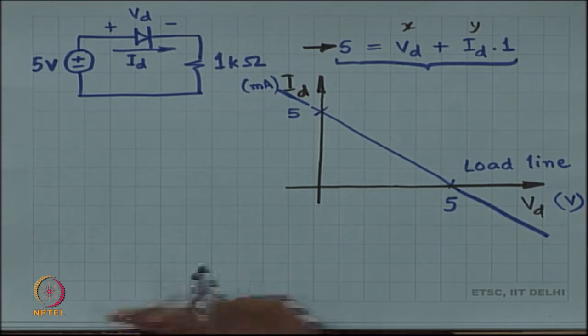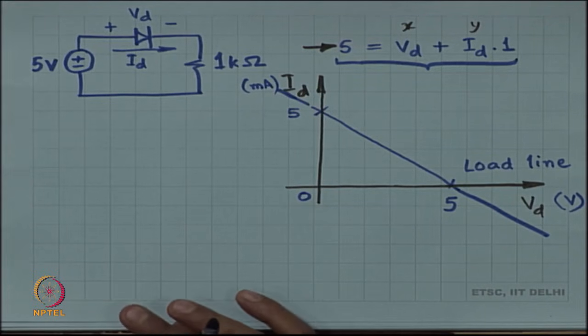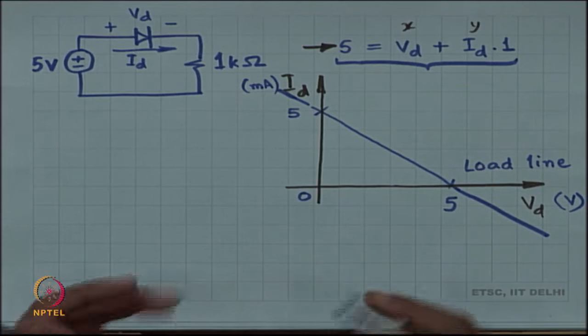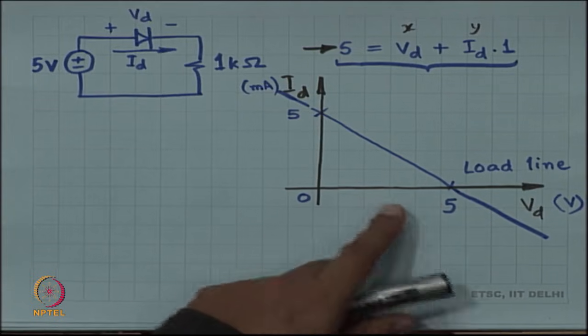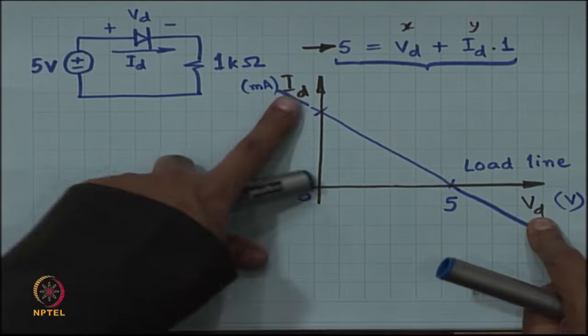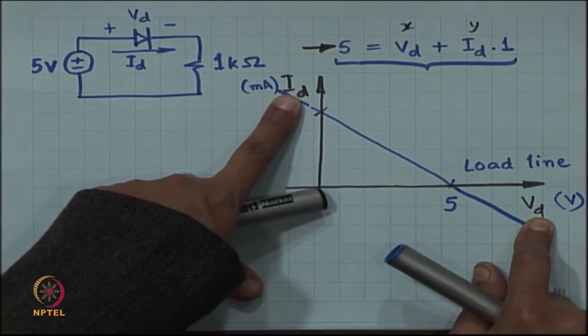All right. Now, with this understanding, the next thing that we do is we plot out the diode characteristics. Think about it once. The way I have done it, the diode characteristics need exactly the same variables Vd and Id, the same axis.